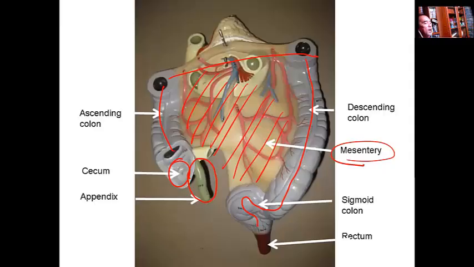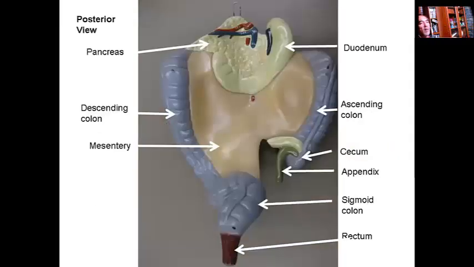Now this one, am I looking at the back of the model or the front of the model? My landmark is my appendix. Now it's on this side. It's supposed to be this side if I'm looking at the anterior view, but it's now on the other side. So what I'm looking at is the back of the model. This would be the mesentery.